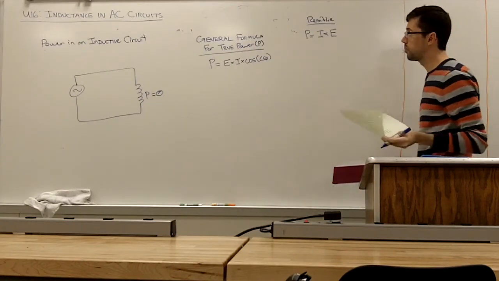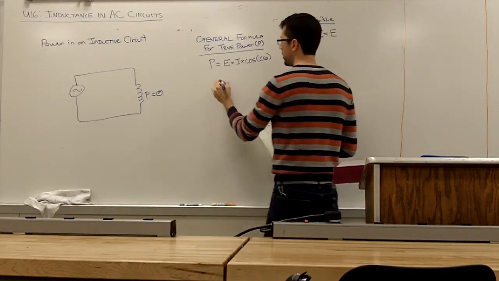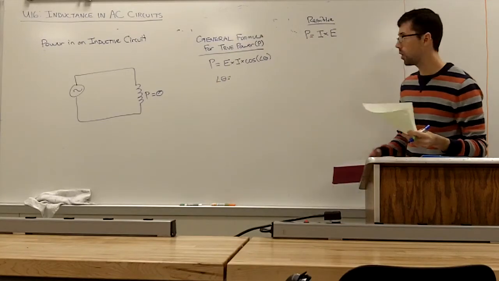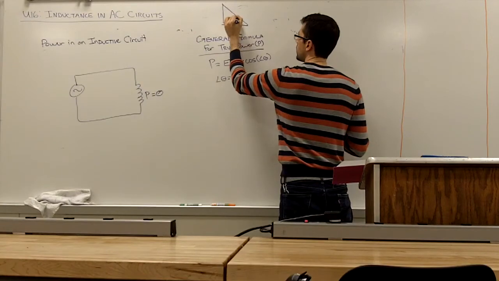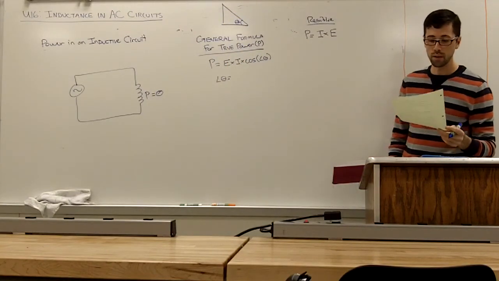So we all know what P means, true power. We know E is voltage, I is current. What is angle theta in relationship to an electric circuit? Remember before, when we talked about angle theta, we meant some angle in a triangle. Well, a circuit is not a triangle, it is a physical thing.